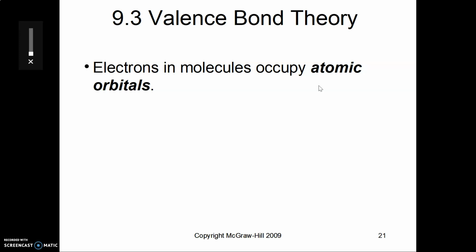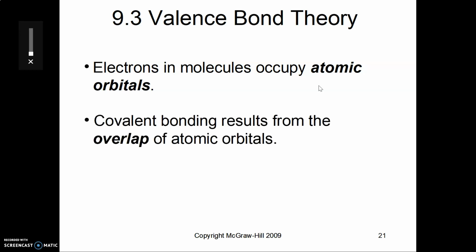You can calculate how many electrons and where they should be using that. You have your quantum numbers. But covalent bonds result from atomic orbitals actually overlapping and becoming different orbitals. Okay? So that's kind of what we're talking about.